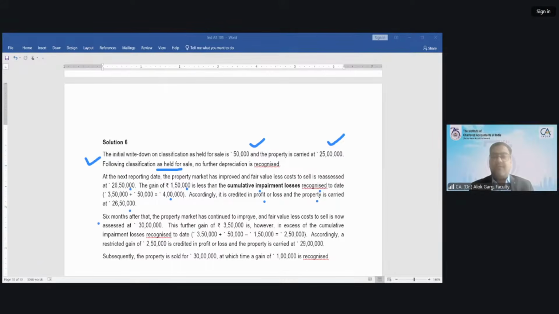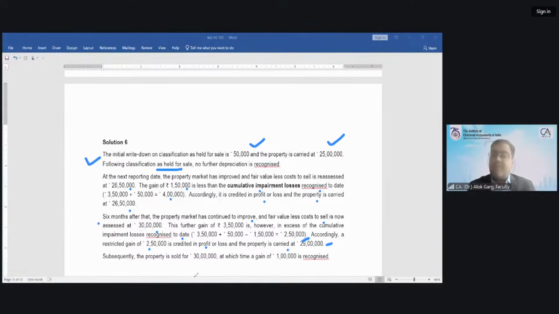Six months after that, the property market has continued to improve and fair value less cost to sell is now assessed at 30 lakh. The further gain of 3.5 lakh is, however, in excess of the cumulative impairment loss recognized to date. And what is that? 3.5 plus 0.5 minus 1.5, which is only 2.5. Accordingly, a restricted gain of 2.5 is credited in P&L and the property is carried at 29 lakh.